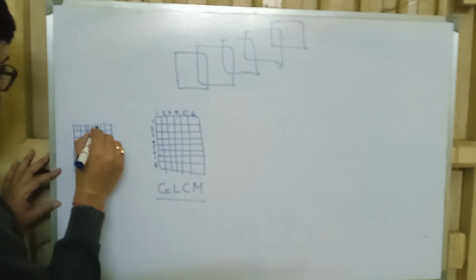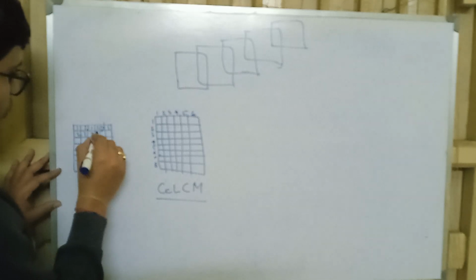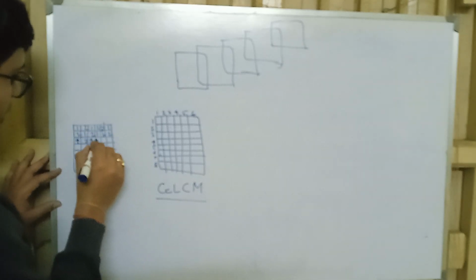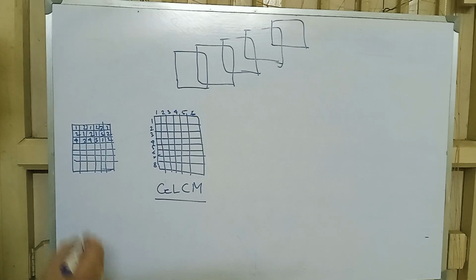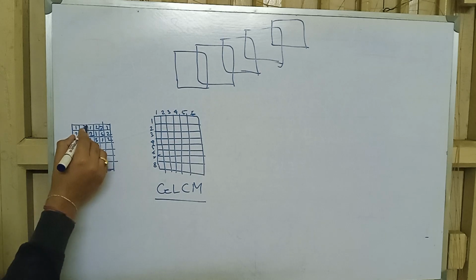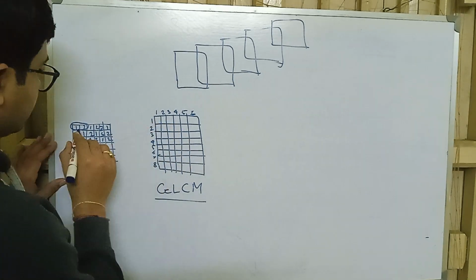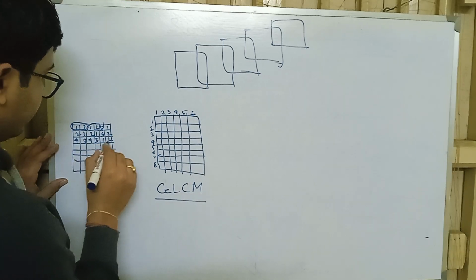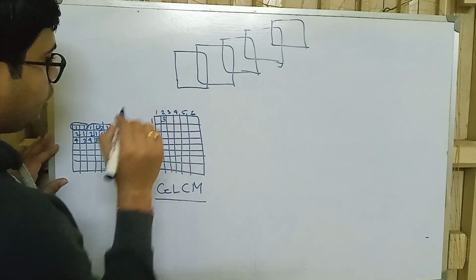The image is 1 2 1 2 3 1 2 1 2 1 3 2 4 3 4 3 2 1 2. Now you can see in this portion 1 2 1 2. There is 1 2 once, and 1 2 again, and 1 2 again. So three times we are getting 1 2.